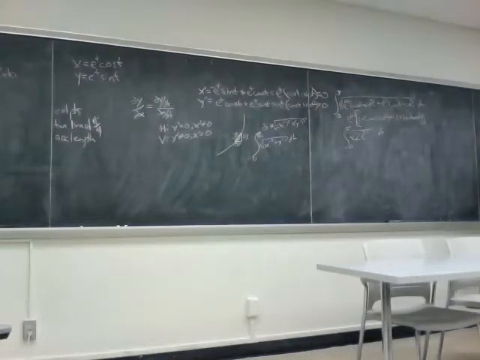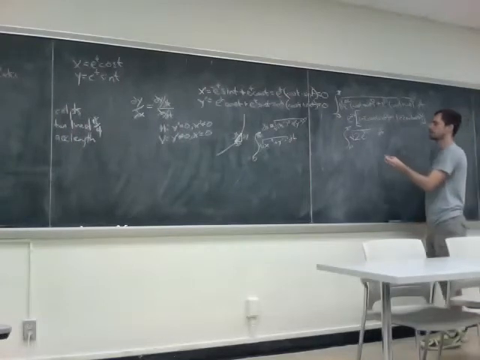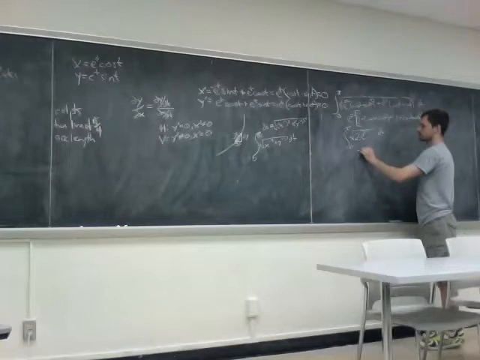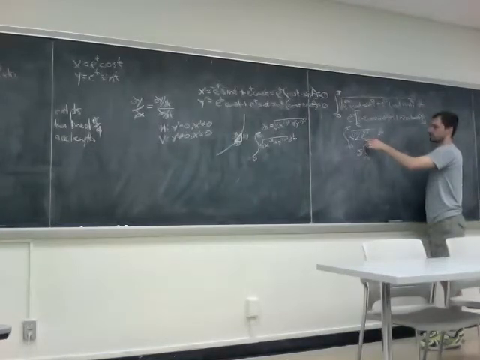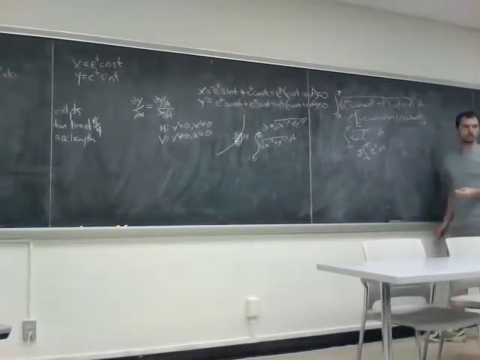So what do we do from here? You can pull out the e to the t because it's squared. The nice thing here is that this is squared, so we have basically the square root of 2, which is constant, and we have the square root of e to the 2t, so that just gives us e to the t.